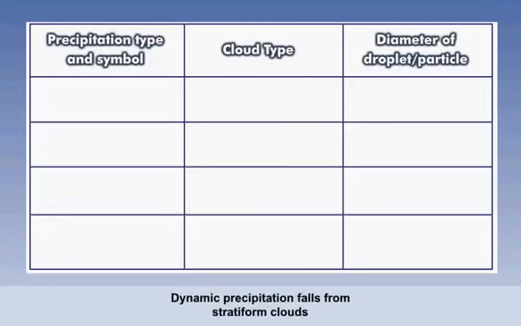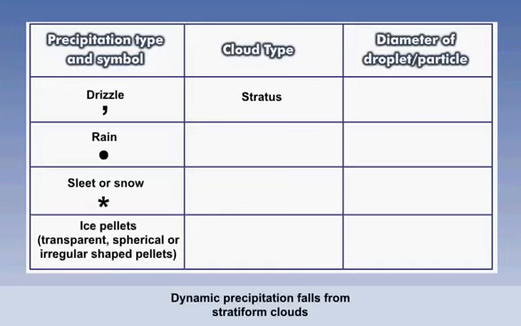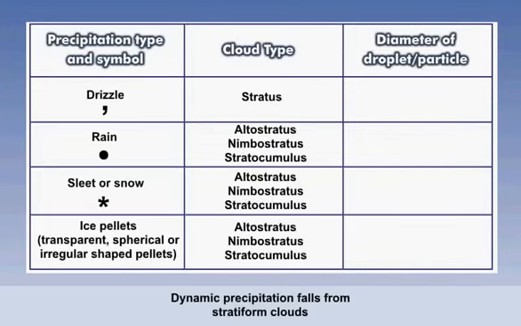Here are the types of dynamic precipitation, and the clouds we expect them to fall from. Drizzle falls from stratus cloud. Rain, sleet, snow, and ice pellets are all mainly produced from altostratus or nimbostratus clouds, and occasionally thick stratocumulus.